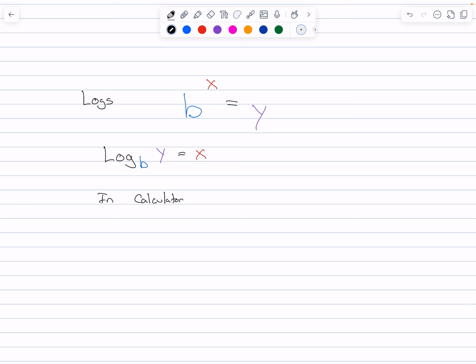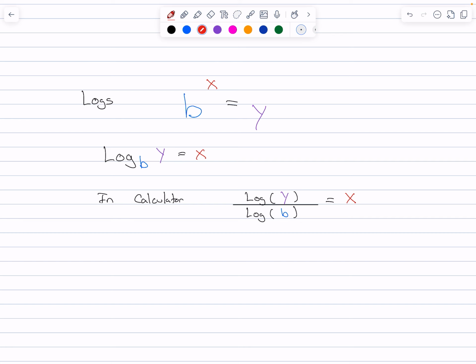If we type in the log of Y divided by the log of B, that equals X. All right, mathematically how that works. Because we're going to be solving for X in this. So that's how we can do this with logs.